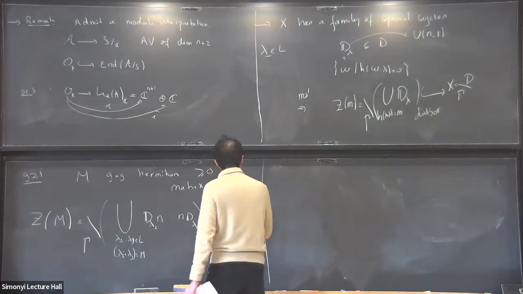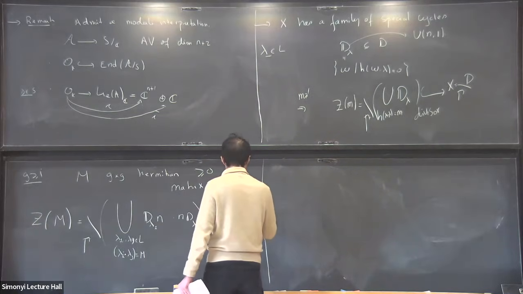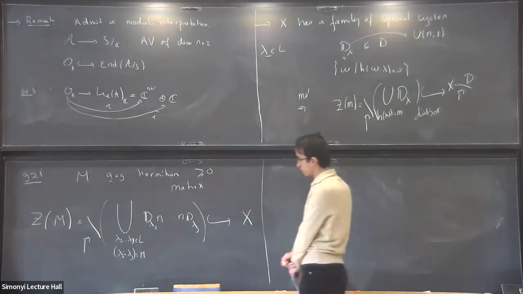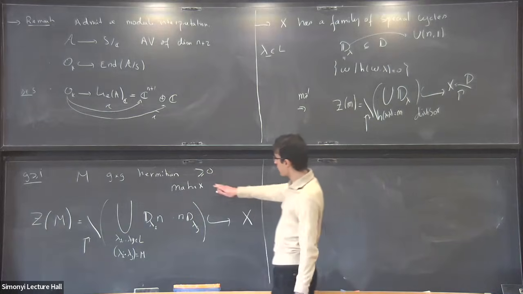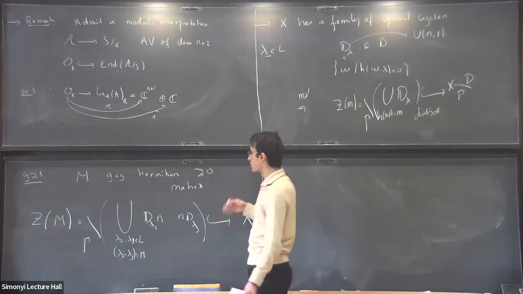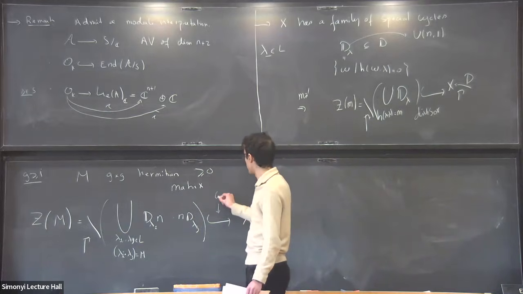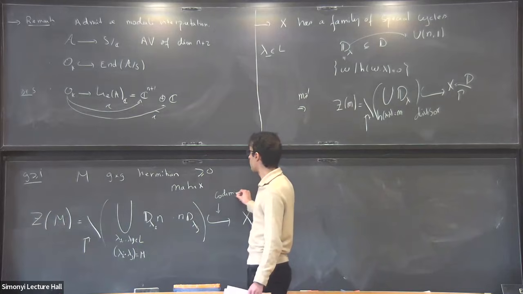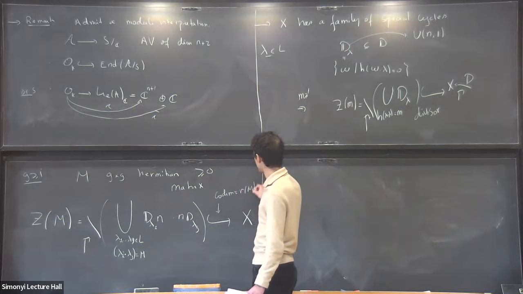This defines an algebraic cycle in X. If M is positive definite, it's going to be of codimension exactly g. In general, the codimension is equal to the rank of this matrix.